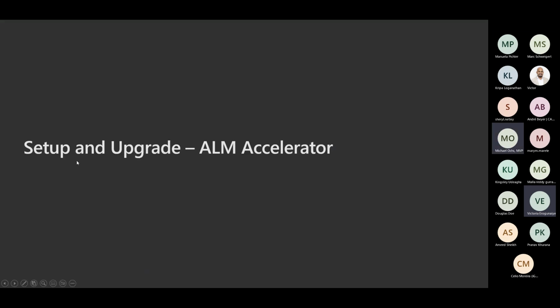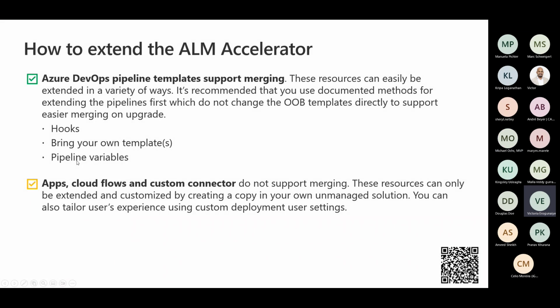Maybe we can talk a little bit about extending the accelerator. You can extend the pipelines. There's some ability to extend the pipelines. It's all documented. And again, there's a QR code if you want to look at how you can extend the pipelines for your specific needs in your organization.